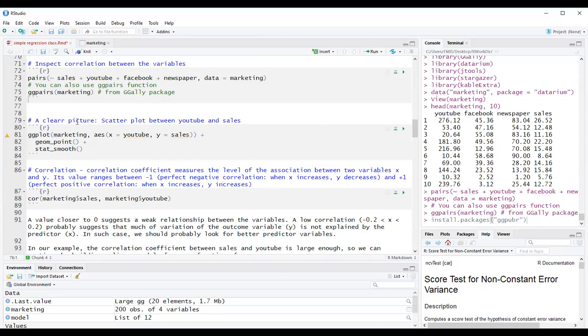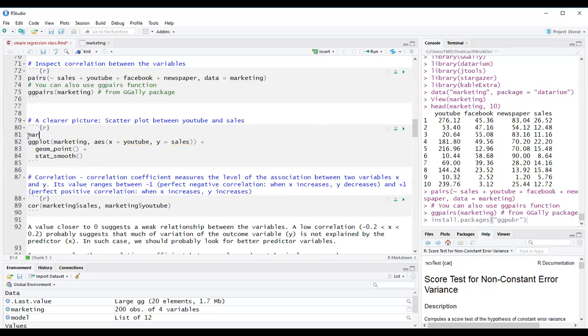Now let's have a clearer picture by drawing a scatter plot between YouTube and sales. Let me modify this a bit. Let me start with marketing. Let's use dplyr, marketing, and then let's use the pipe operator.